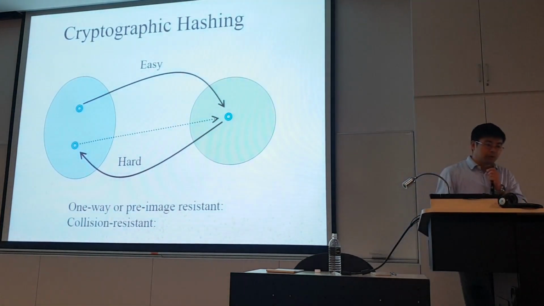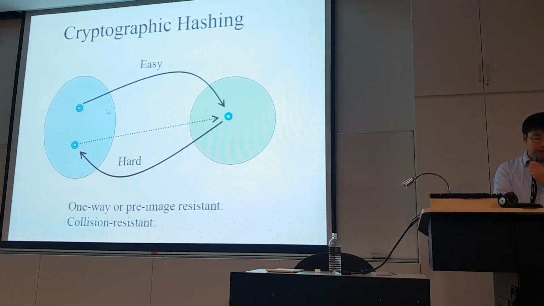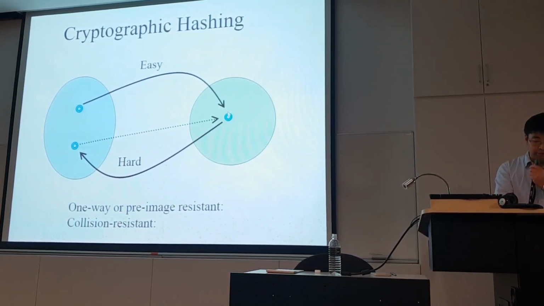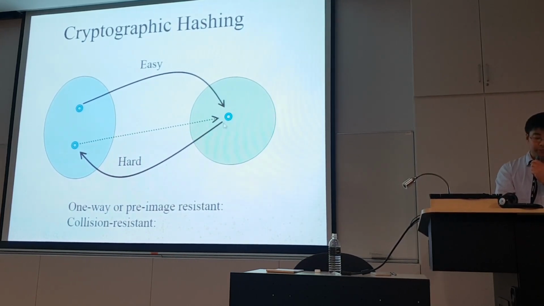This picture illustrates the two properties. First is one-wayness. One-wayness means given the input, it is easy to compute the output. However, given the hash output, it is difficult to find the input. The input may not be unique, so we require that given the output, it's difficult to find any valid input.